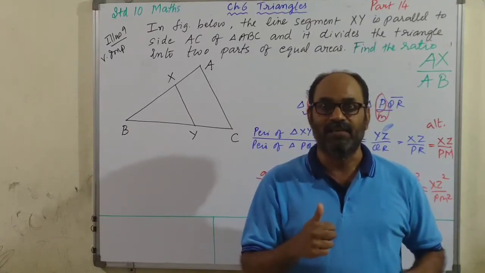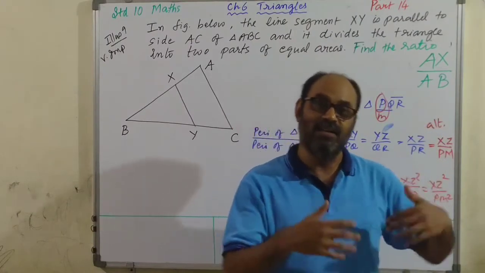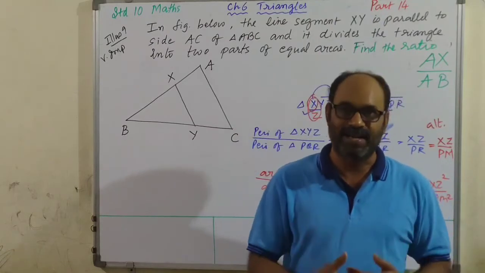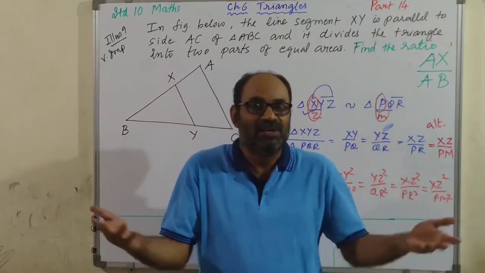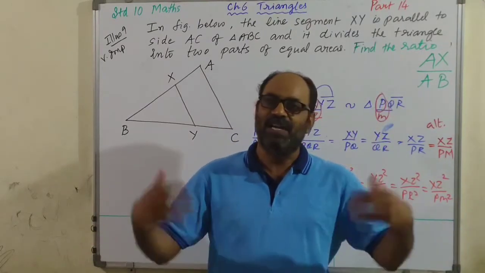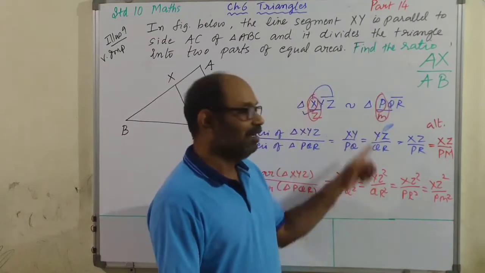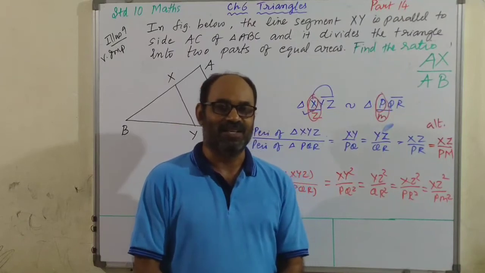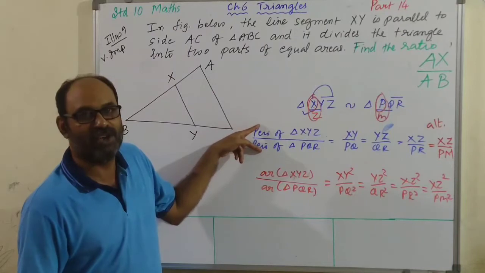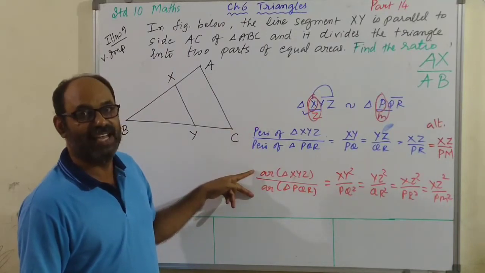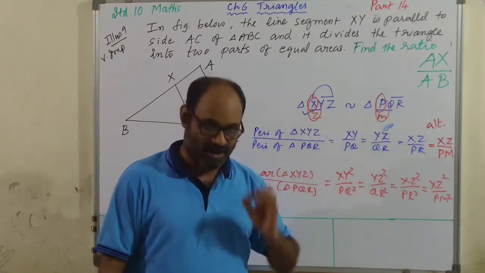The only reason, not high IQ, was that I knew the result, and using the result you end up somewhere. But if you don't know the result, you cannot proceed further. Even in objective questions, you are not scoring. The only reason is you don't remember this result. So please, when two triangles are similar, we have the ratio of perimeters and the ratio of areas. In perimeter, no squares, and in area, squares.